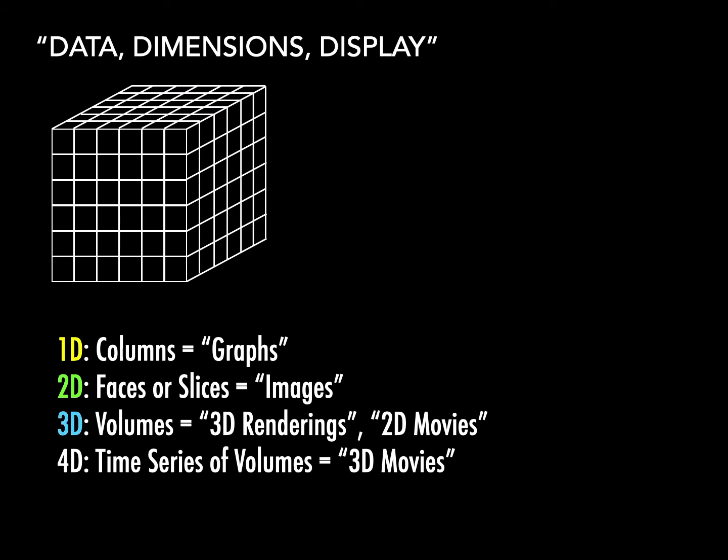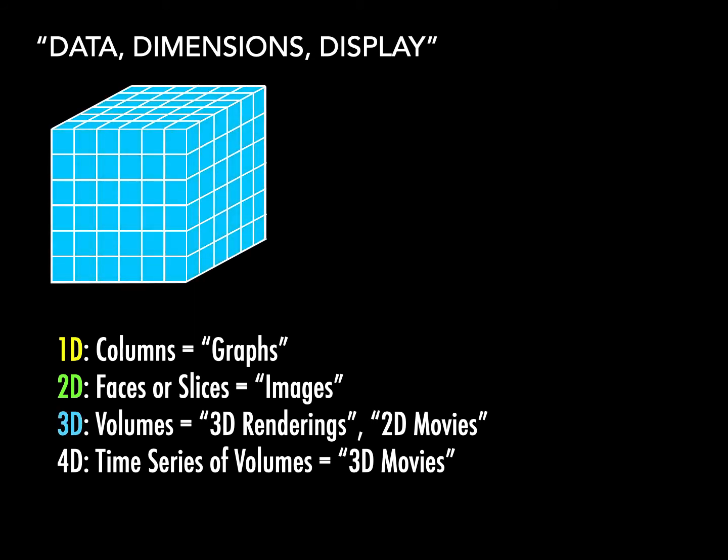Now, if you think about the whole cube as a three-dimensional volume, you start running out of dimensions on a screen, and so you have choices like the three-dimensional rendering we saw before or the two-dimensional series of slices we saw before to represent 3D data. And then if you have three-dimensional data that changes with time, so like some kind of time series of volumes, then you pretty much have to go to some kind of moving display, like some kind of movie of a three-dimensional object changing in time.